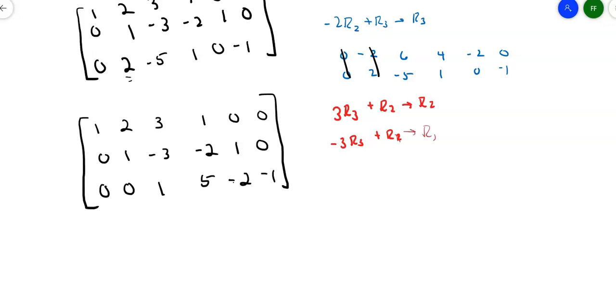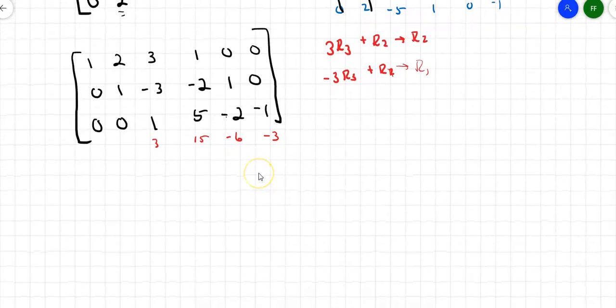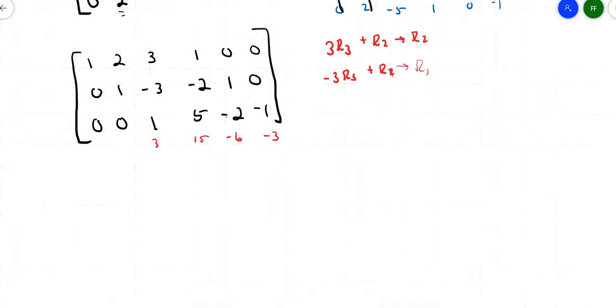All right, let's try that. 3 times row 3 will make this a 3, a 15, a negative 6, and a negative 3. Okay, so let's take that and add it to row 2, put the answer in row 2. So this time it's the bottom row that stays the same. 0, 0, 1, 5, negative 2, negative 1.